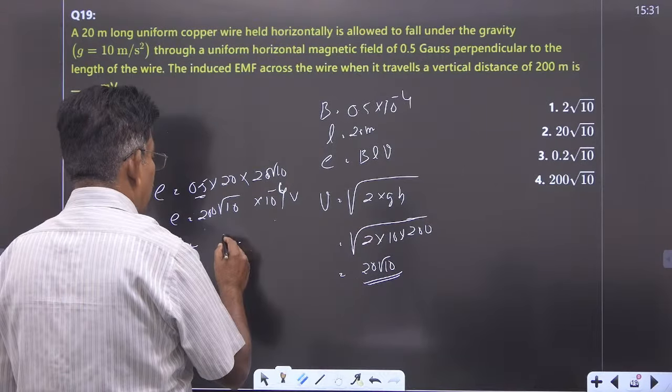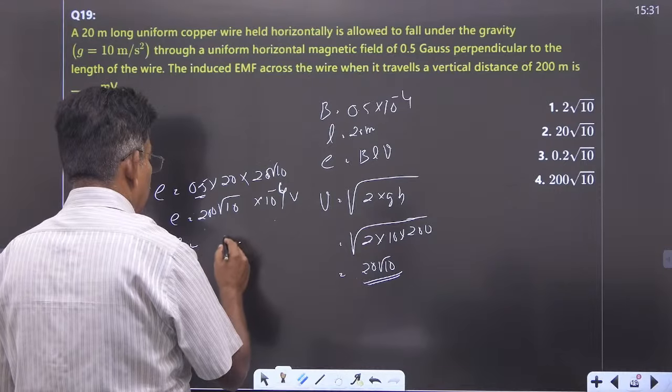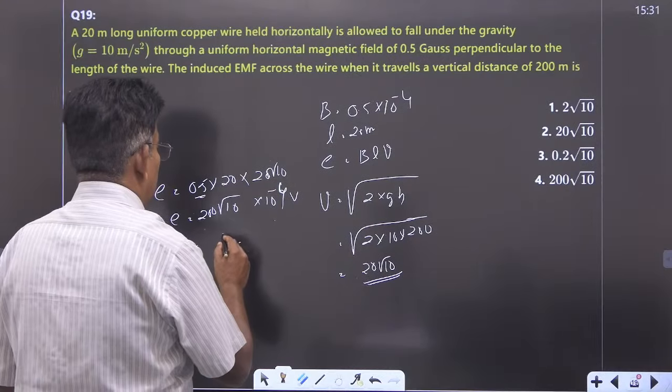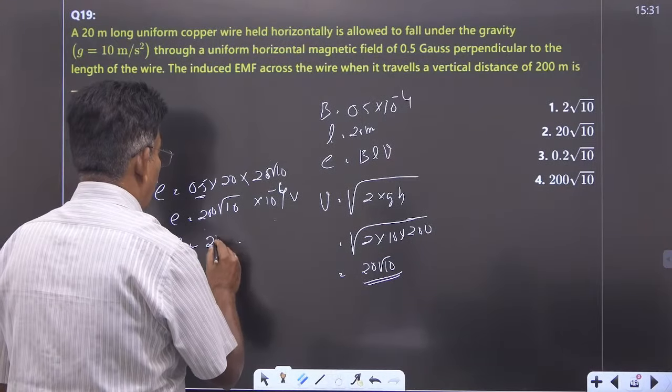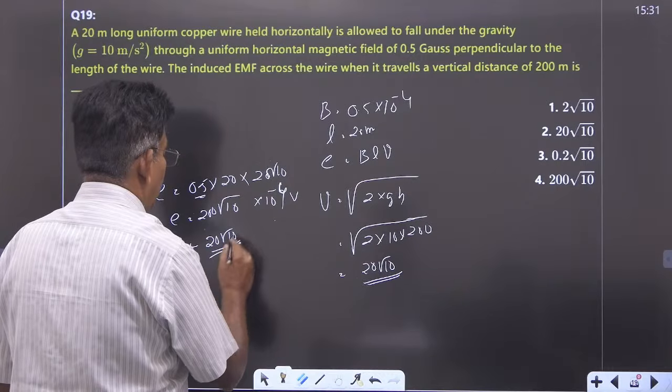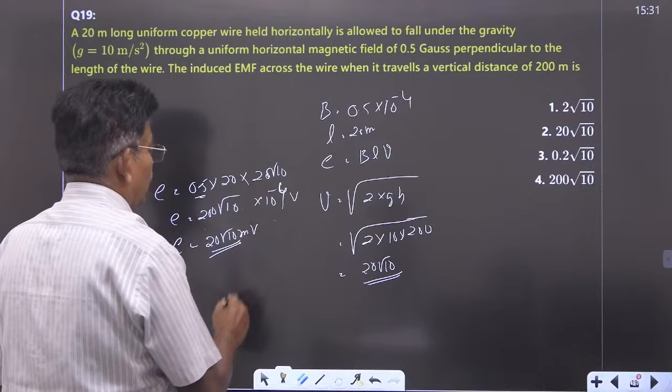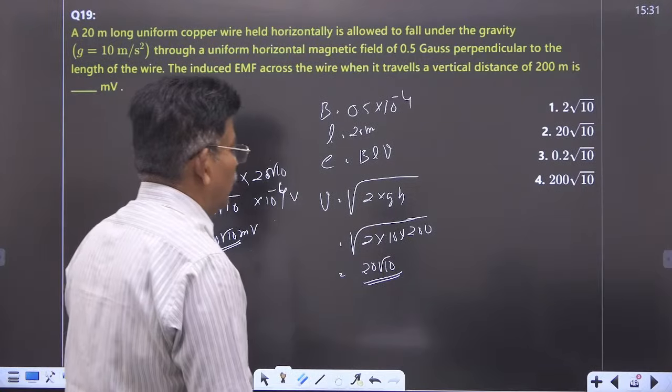So it is coming to be how many millivolt? That is 20 root 10 millivolt. Okay, that is there.